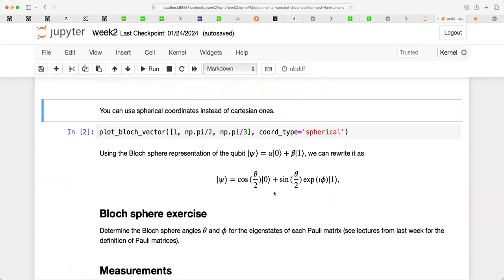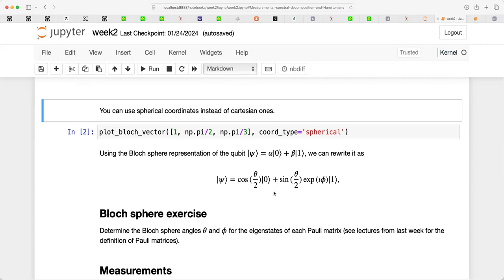For the Pauli Z matrix, it's pretty simple. You have the North Pole and the South Pole. That means the angle theta has to be up, and similarly the angle phi has to be 0. And for qubit 1, you're pointing down, so you have to rotate down to the South Pole. And for the other ones, it will just be linear combinations of these states.